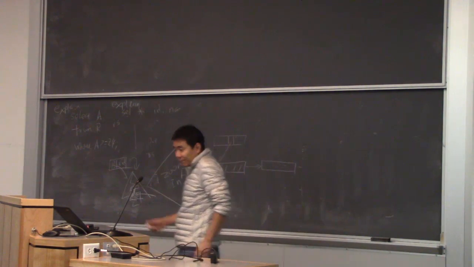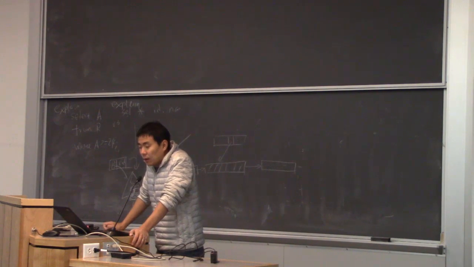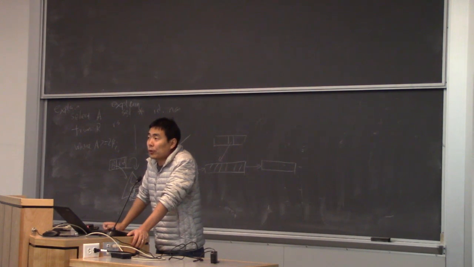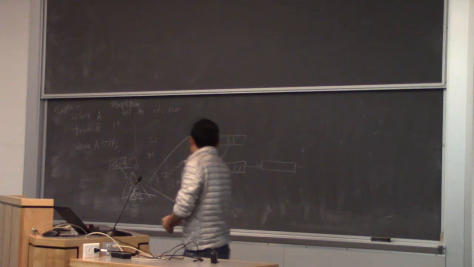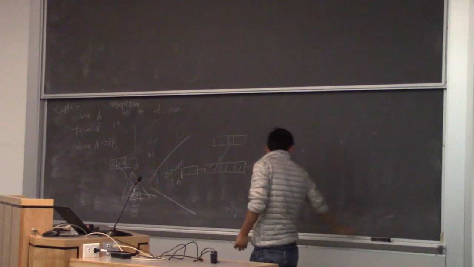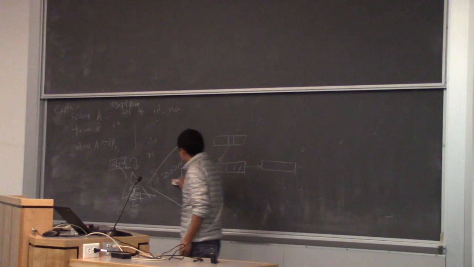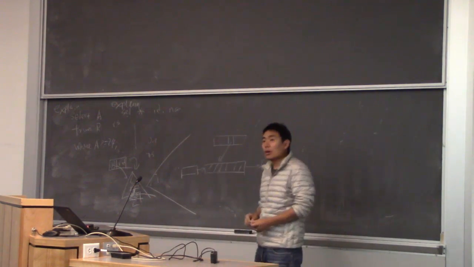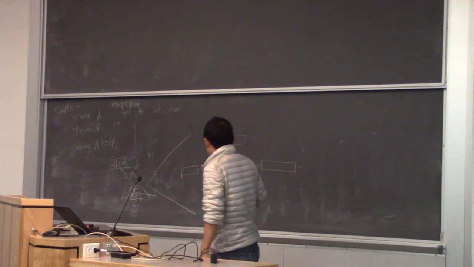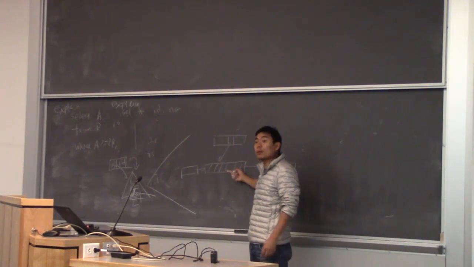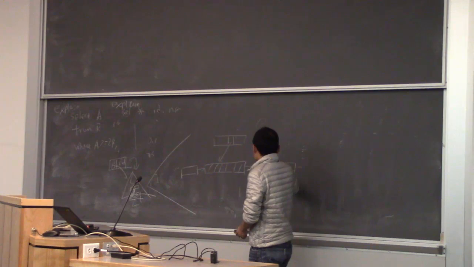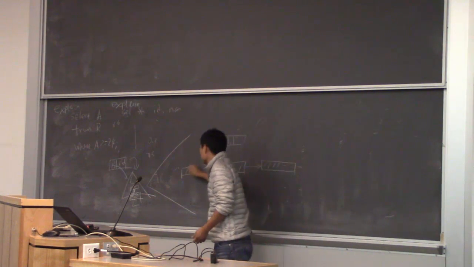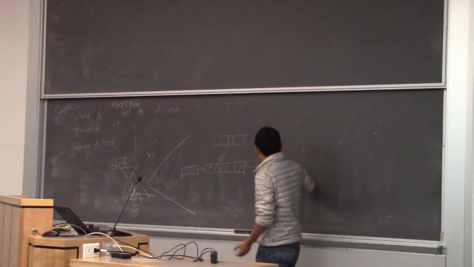So the one default option you do is to split. What you do is you split this page. I have no space here, right? So what I'm going to do is introduce a new page. There are some entries here, some entries here, as you can imagine. Maybe full, may not be full, right?